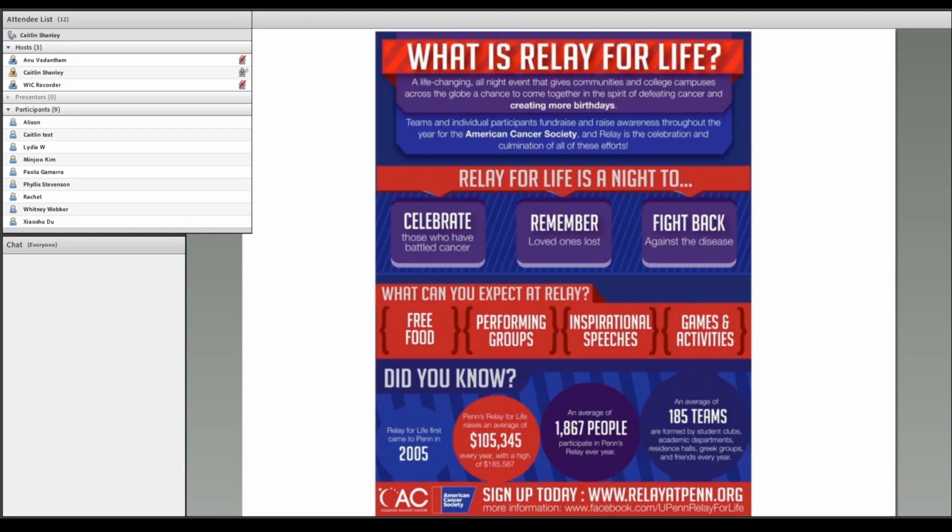I've seen a lot of Relay for Life flyers in my life, and I think this is one that I would stop and look at because it's very visually interesting. I think she did a great job using some of these conventions to put a lot of text on a page, but to group things and show hierarchies and illustrate what she's trying to get across in a visually interesting way, even though there is a lot of text.